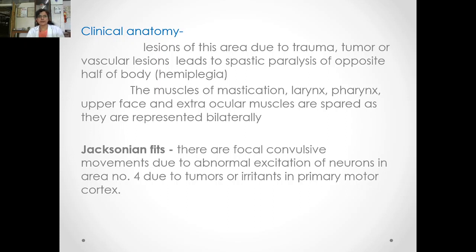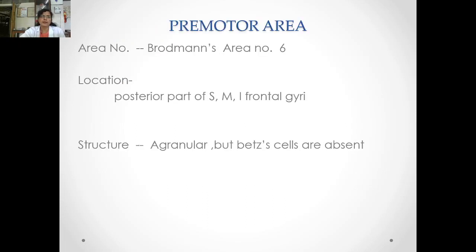Then also there is one condition called Jacksonian fits, which are focal convulsive movements due to abnormal excitation of neurons in area number 4, that is the primary motor area, due to tumors or irritants in the primary motor cortex. So this is about the clinical anatomy, and this is about the primary motor area.